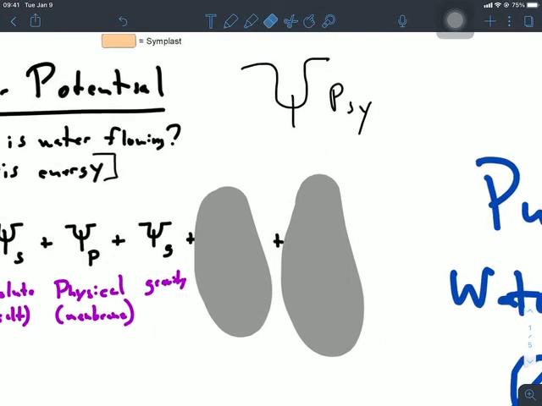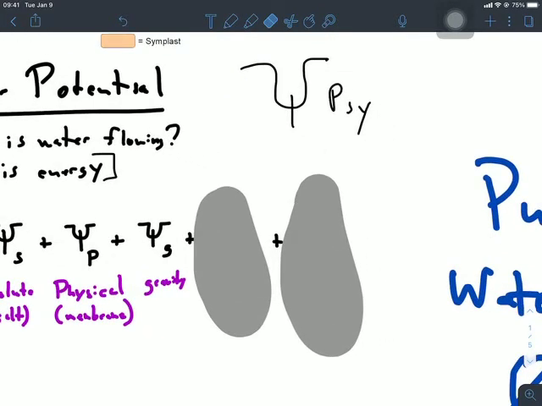Now, the next two are a little bit less intuitive. The matrix potential, meaning kind of the stuff surrounding the water. It's a difficult term to explain that I won't exactly keep going on and about.